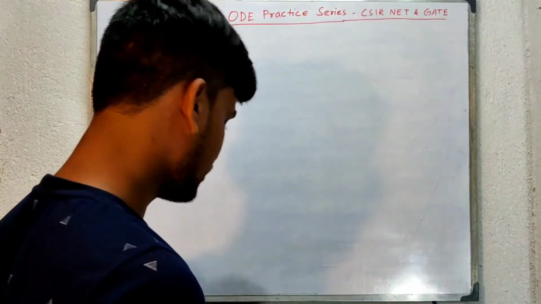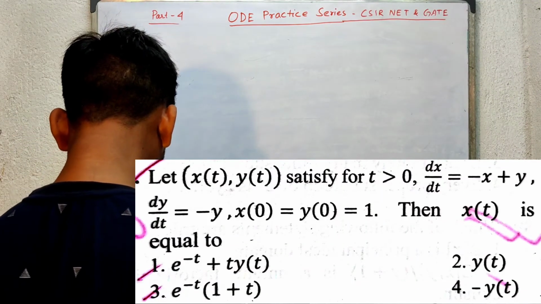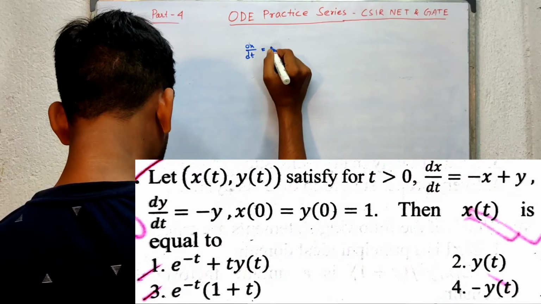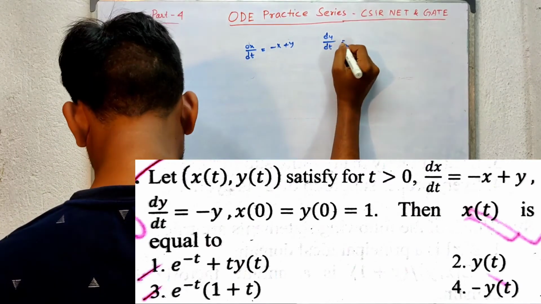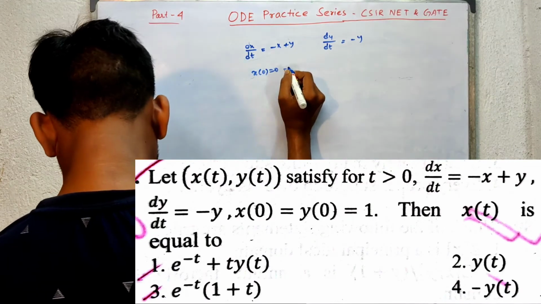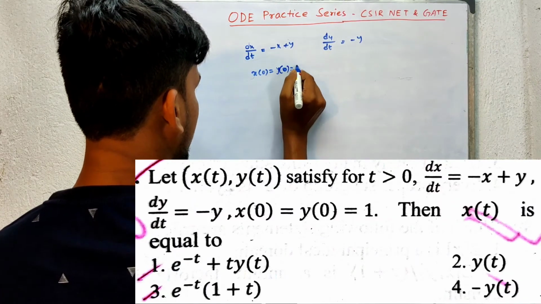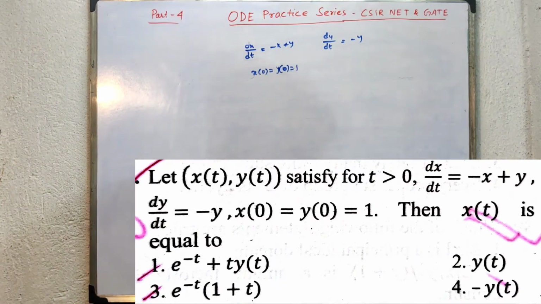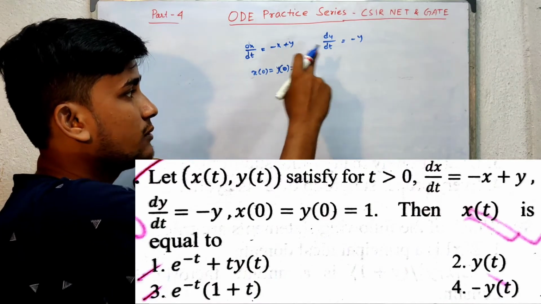The next question is: let x(t), y(t) satisfy, for t greater than 0, dx/dt = -x + y and dy/dt = -y, with x(0) = y(0) = 1. What is the value of x(t)? Since y is included, we first solve the equation for y.